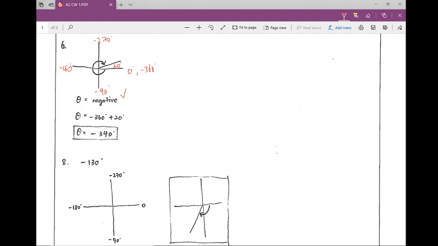So I'm going to go backwards and not stop here, but go all the way to the end, where it becomes negative 360 degrees, and then go forward 20 degrees. So therefore you get negative 360, and then I went forward, so therefore the plus. And so you get that answer.